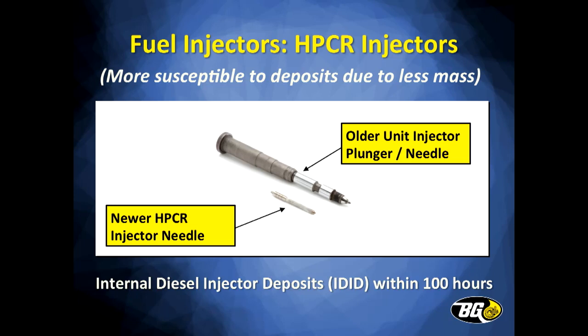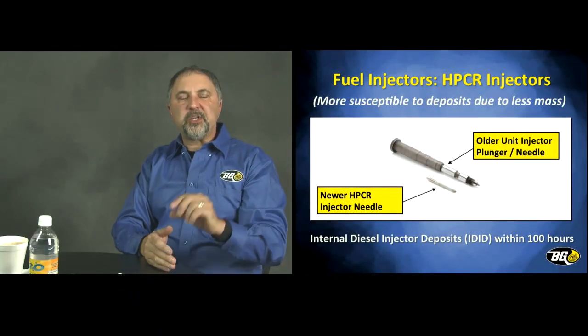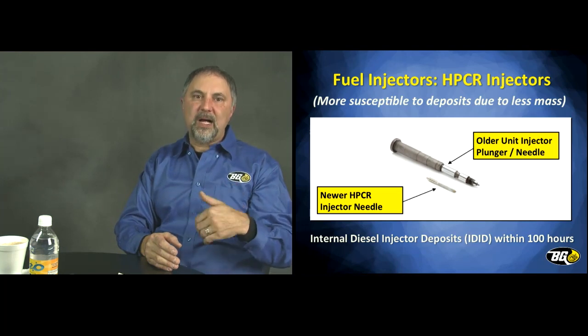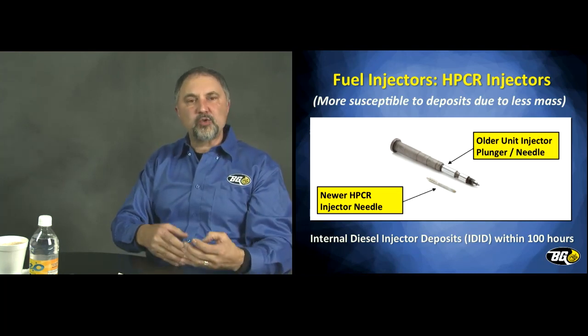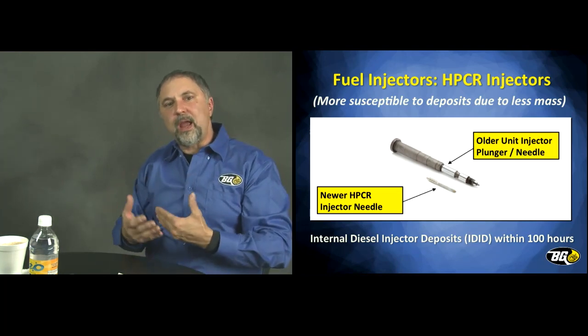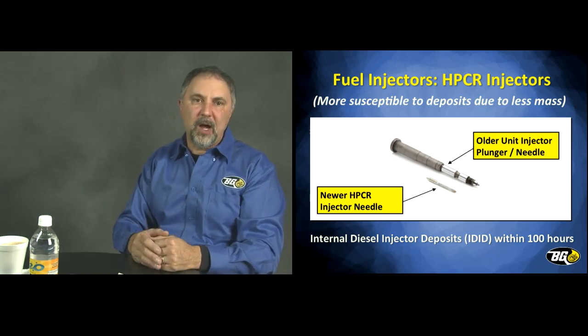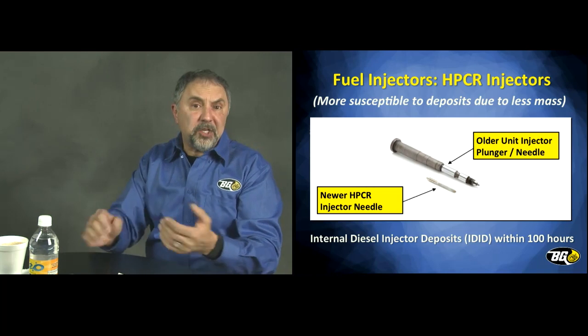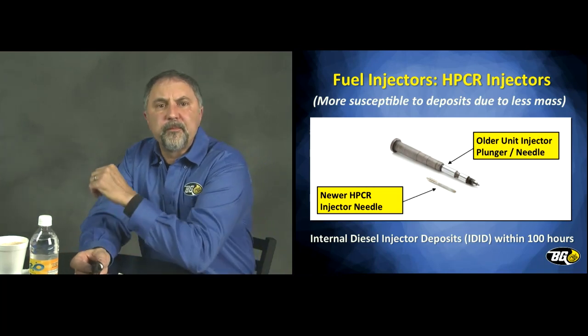The heavier nozzle, if there were any deposit there, would pound through that deposit and the engine would still continue to run. But these smaller needles are more susceptible, so any type of deposits will knock these things out, which is why we're continuously looking at fuel additives here in Wichita to come up with a proper solution for today's vehicles. Technology has changed, so please be mindful of that.